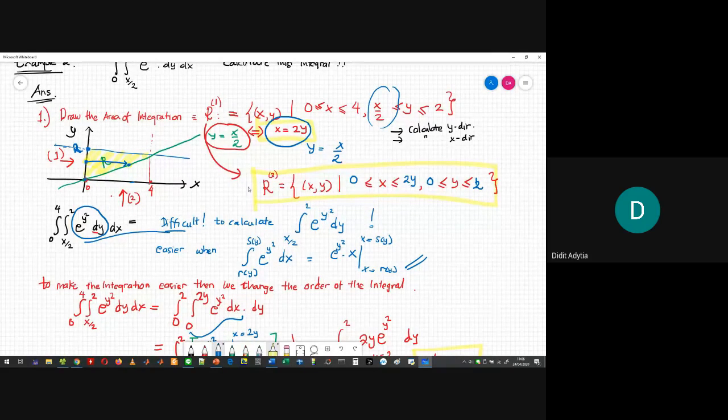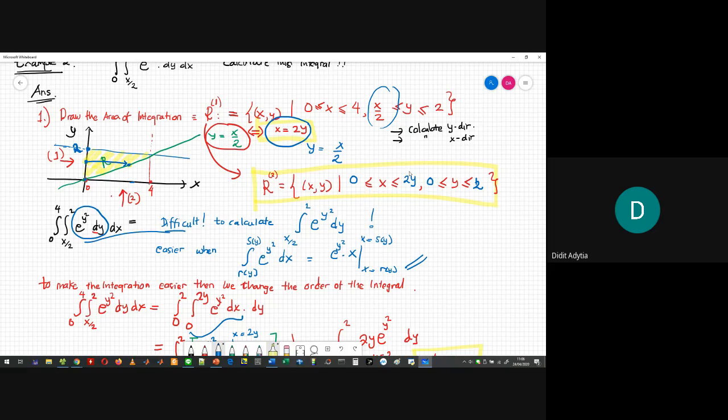Can you see my cursor? This one, okay? From 0 to this function. But this function, originally, it was like this: y is x over 2. Ini adalah fungsi dari x. Nah, sekarang kita balikin, sama persis. Jadi seperti ini, x sama dengan 2y. Jadi kita harus menuliskan dalam fungsi y.